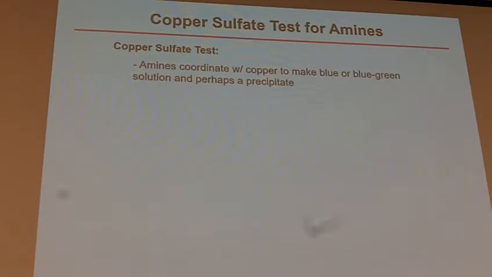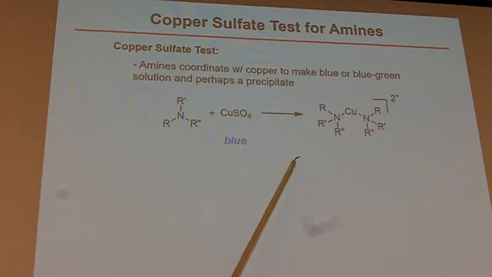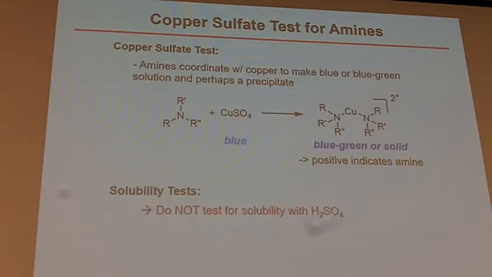So the copper sulfate solution itself is a blue or turquoise green color. But if you get a positive result, you'll make this complex. And that complex results in a blue-green solid precipitate that forms, okay? And so that is what you're looking for with the nitrogen-containing compounds. So this is our one chemical test you'll need to do if you have nitrogen.